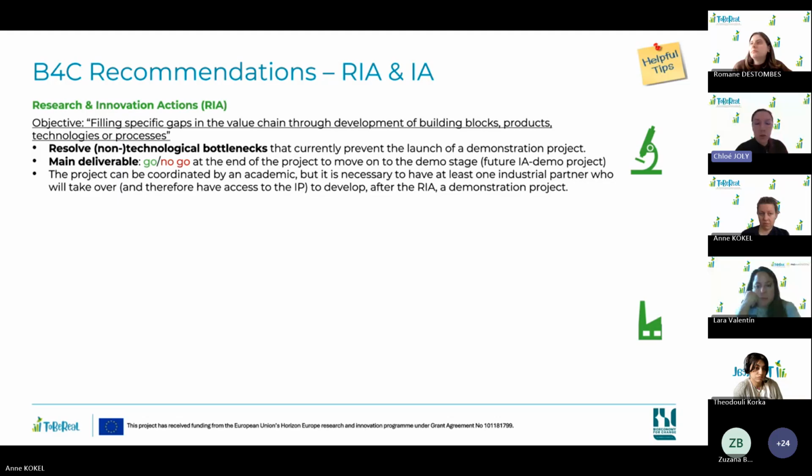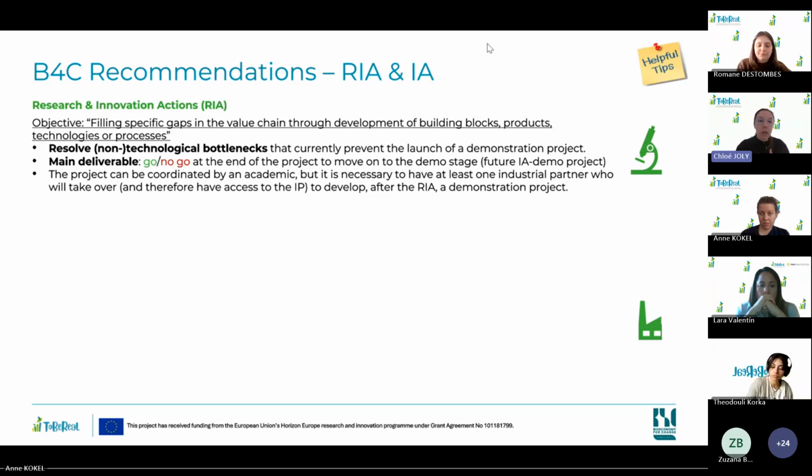So this type of funding funds projects that resolve technological or non-technological bottlenecks that will enable scaling up to a demo stage, to a future innovation action demonstration project. So that's why at the end of a RIA project, the main milestone, the main question is: are we ready to go on to the demo stage or not?